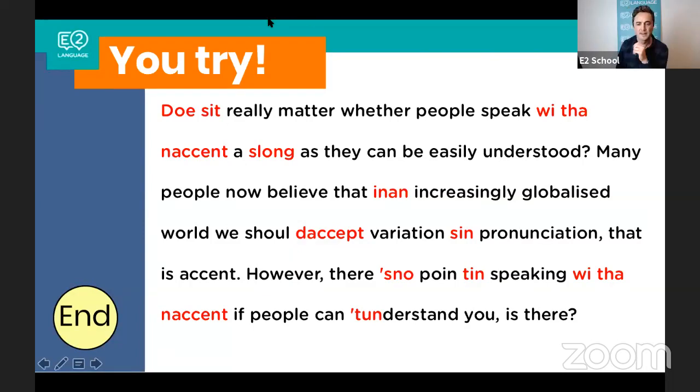All right, cool. This is particularly apparent, connected speech, when we merge all of the sounds together in very common phrases. So for example, I would never say, what did you get up to on the weekend? I would say, if I'm speaking to my friends, what did you get up to on the weekend?